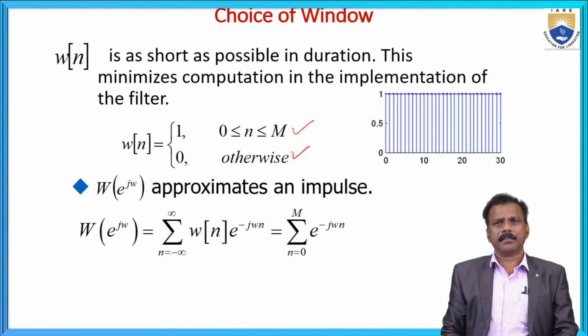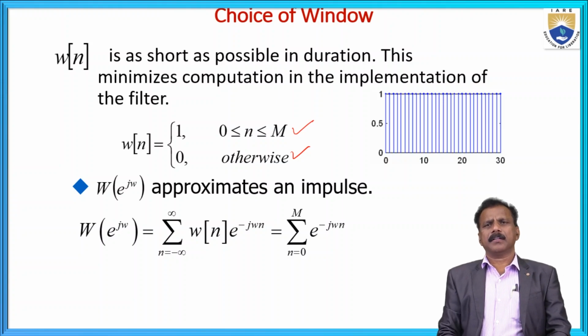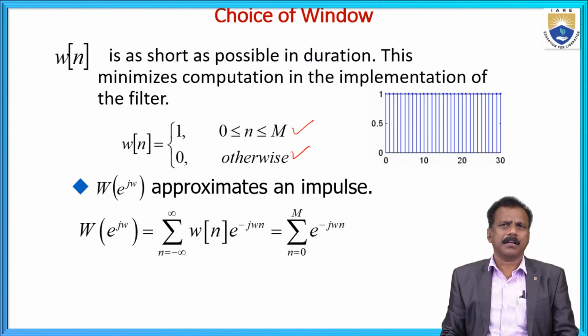W of e power j omega is equal to the summation from n equal to minus infinity to plus infinity of w of n times e power minus j omega n.